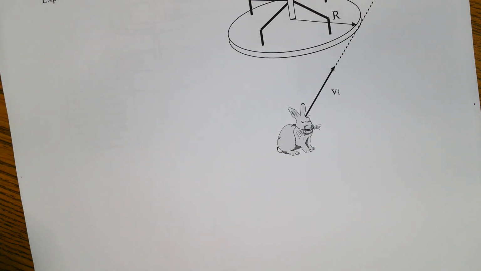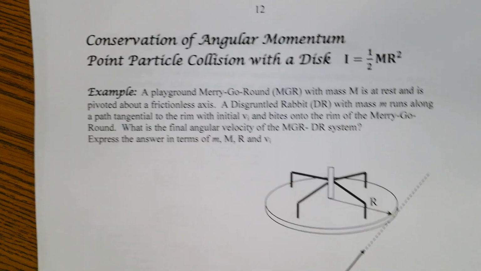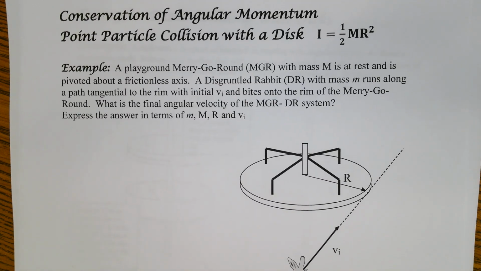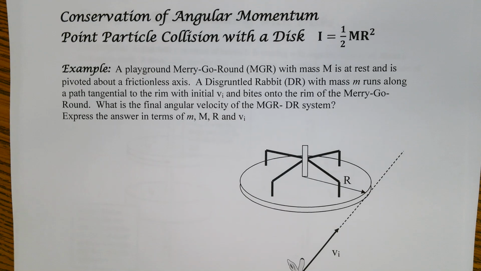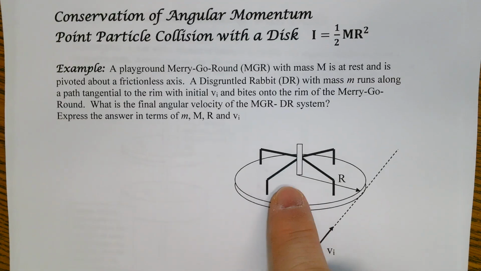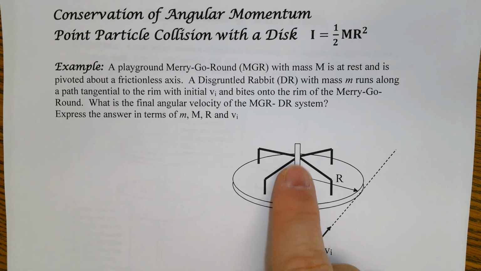Here's a crazy wabbit. Easter's coming and all, you're going to have an Easter bunny in a playground. So, in a playground, a merry-go-round with mass M is at rest and is pivoted about a frictionless axis at the center.